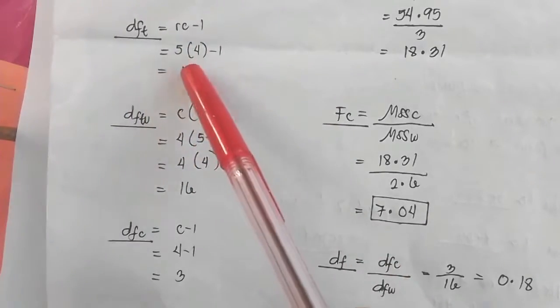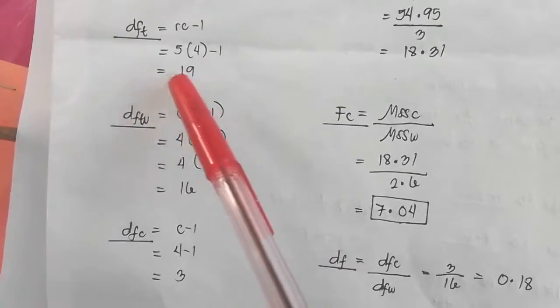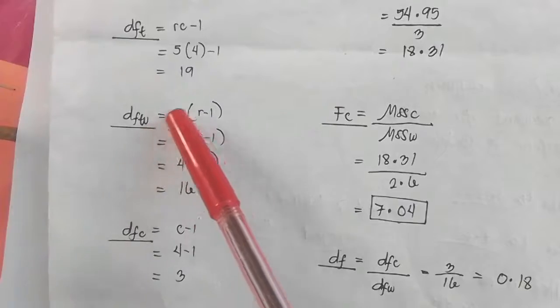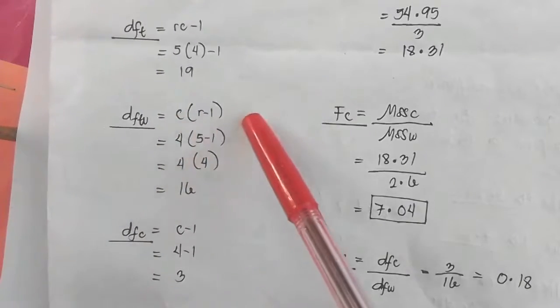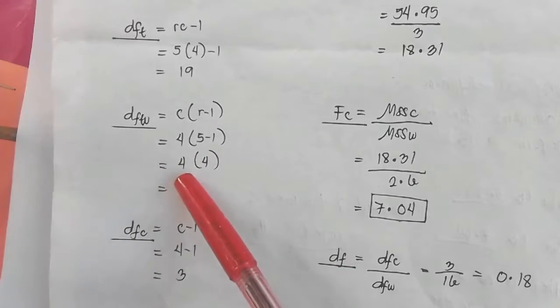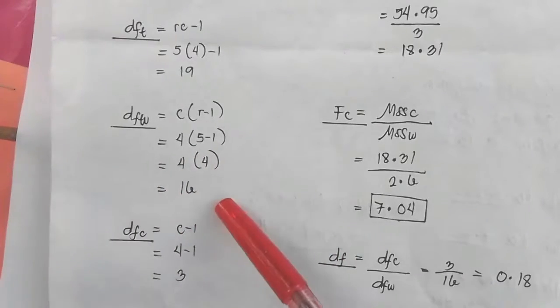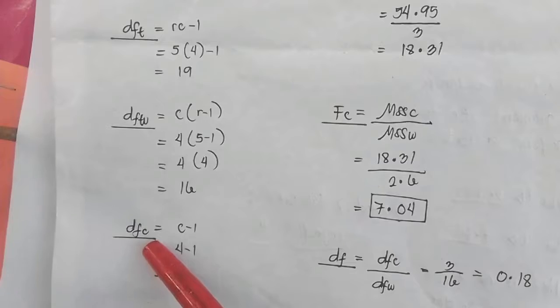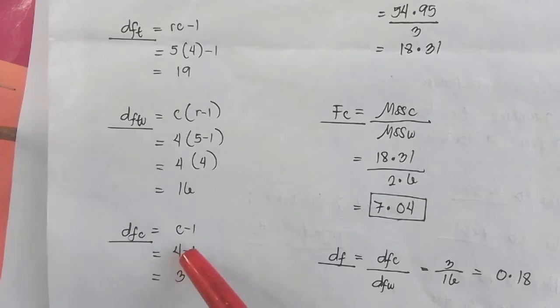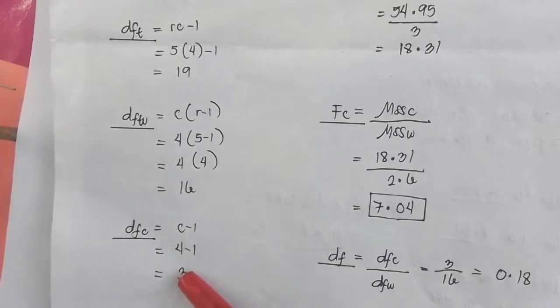So 5 times 4 minus 1, the answer is 19. Solve for degrees of freedom sub w equals c times r minus 1. Then 4 times 5 minus 1 equals 4 times 4, then the answer is 16. Solve for degrees of freedom of c equals c minus 1, then equals 4 minus 1, then the answer is 3.